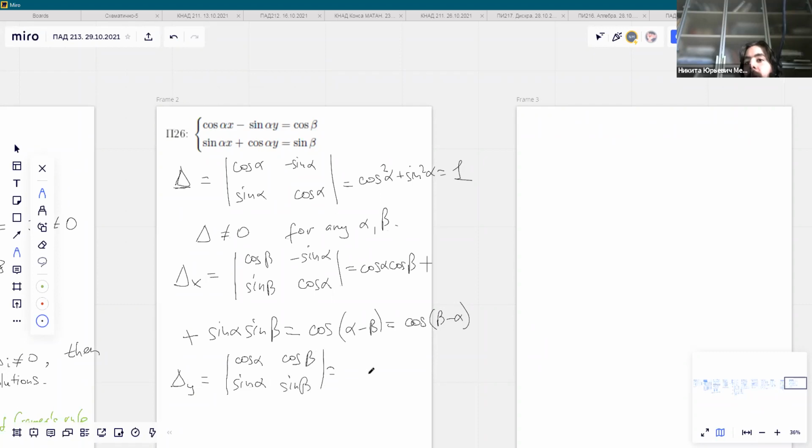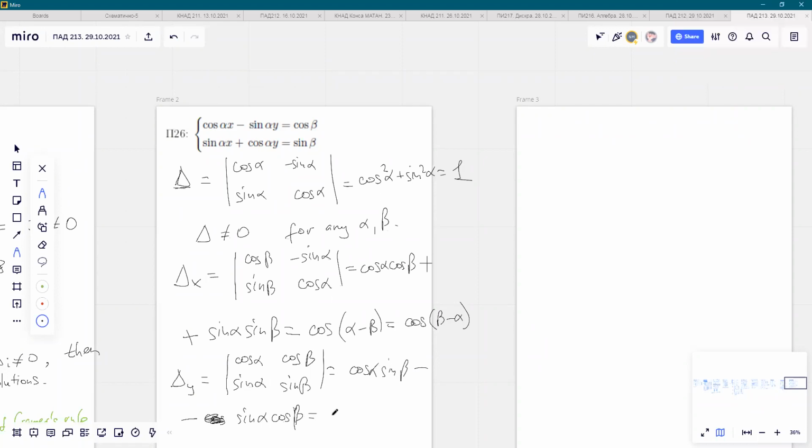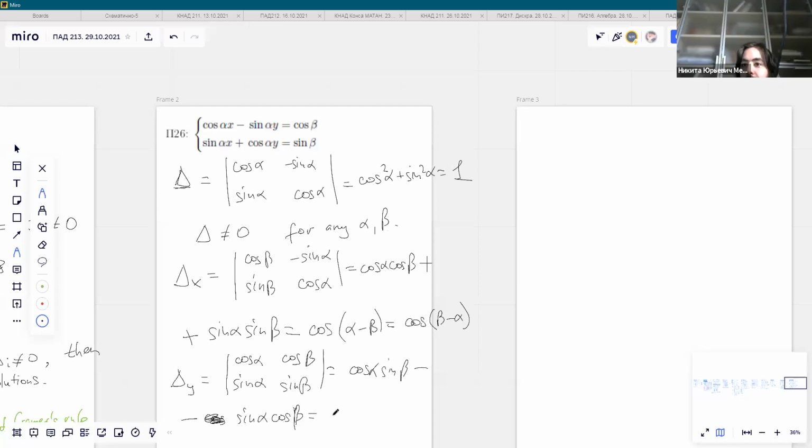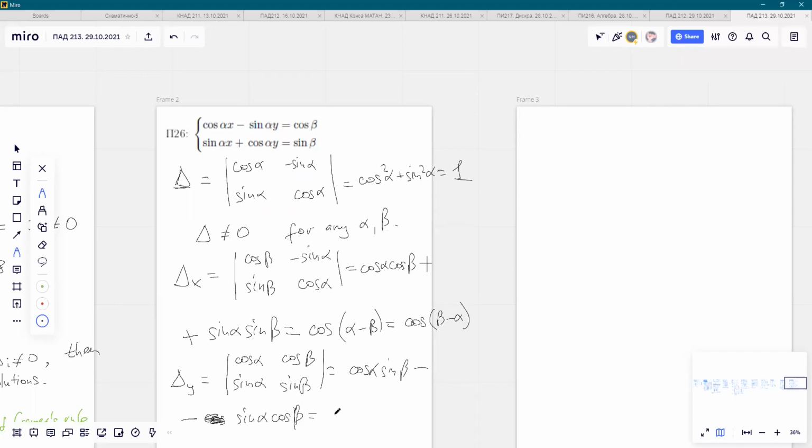I obtain the following formula. So what is its result? Cosine alpha plus beta. No. It's not a cosine. Alpha plus beta. Sine of alpha.